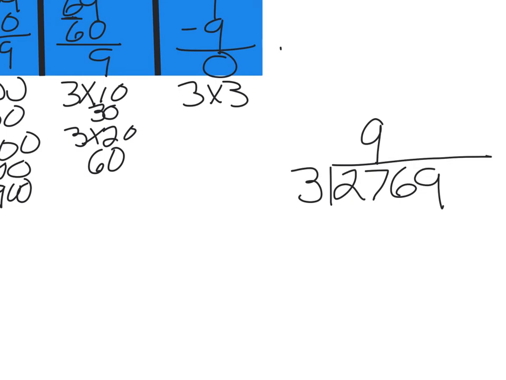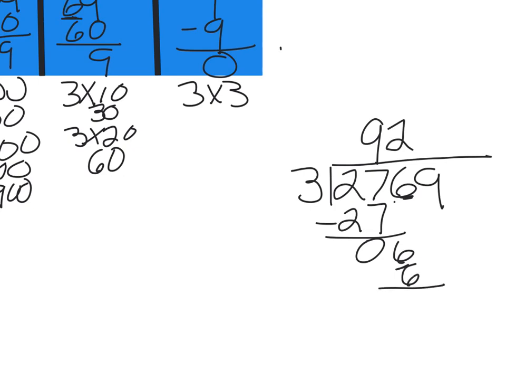This would be our 900 number. 27, we bring down the 6. Well, this would be 60. It's in the tens place, so 60. 2 times 3 is 6. Bring down the 9. That's in the ones place. 3. And it mirrors it like that.